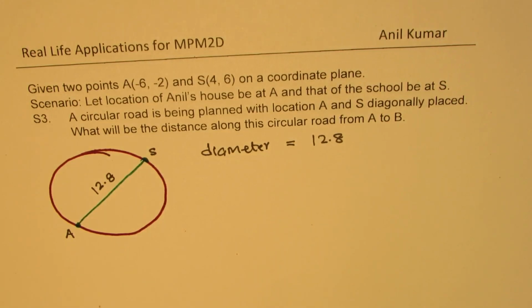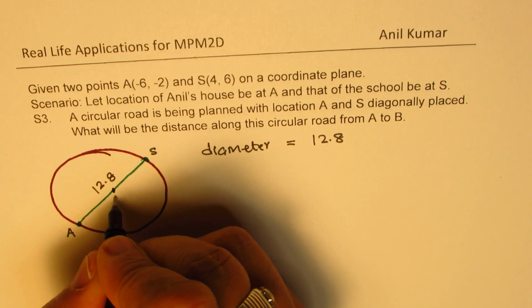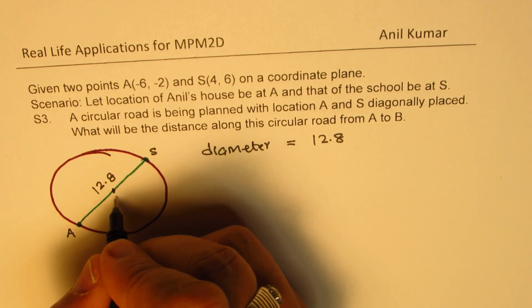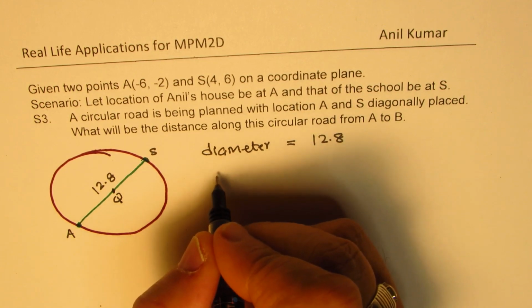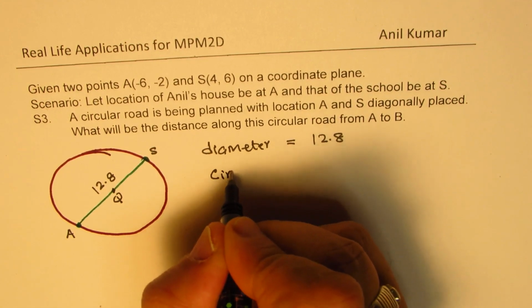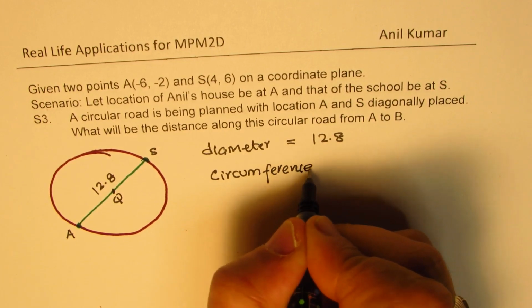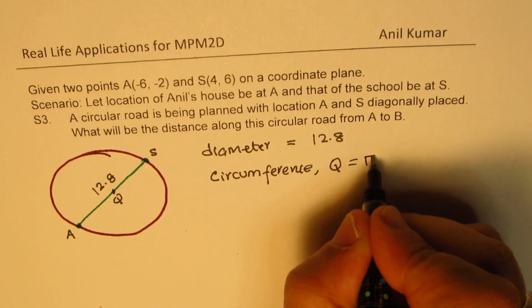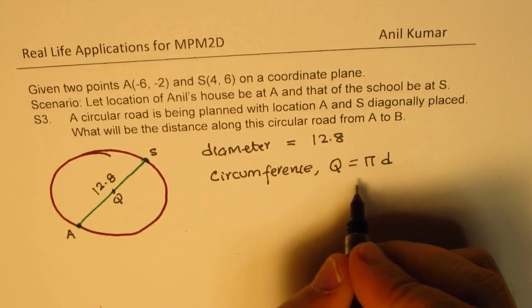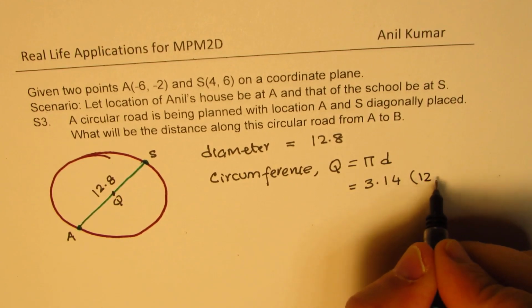So circumference is pi d, right? So straight away we know the circumference. Let's say that is your center, which we'll call q this time. So the circumference of the circle q is pi times diameter, which is equal to 3.14 times 12.8.